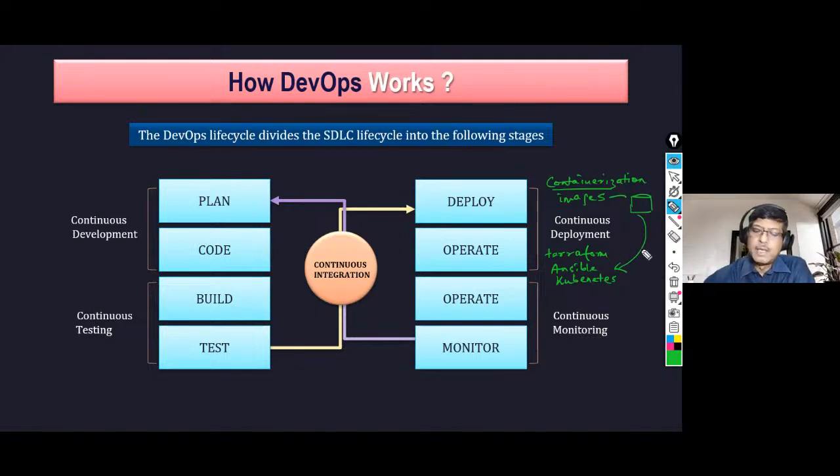In a cluster, we will deploy hundreds and hundreds of containers, which are nothing but the applications. And therefore, the last stage will be to operate as well as to monitor, which is continuous monitoring. So C is a continuous activity.